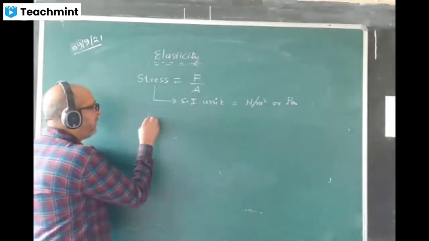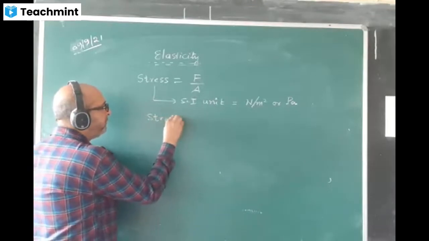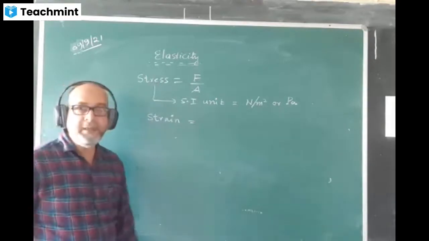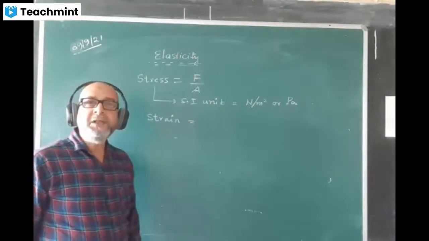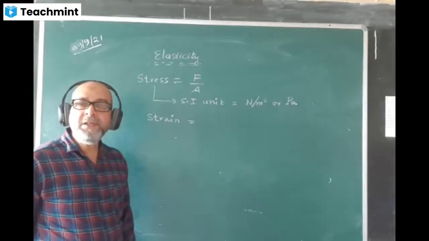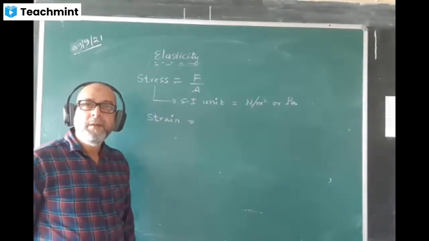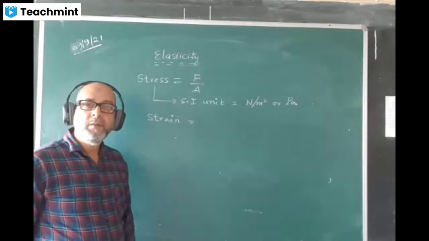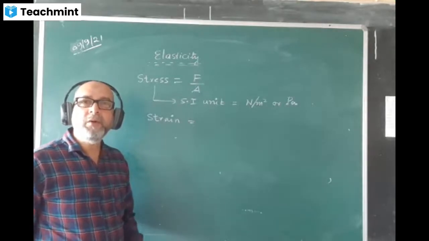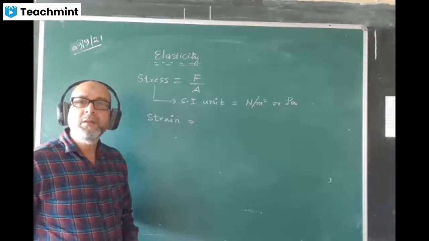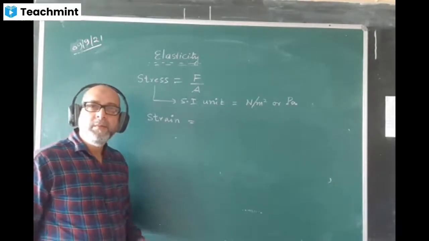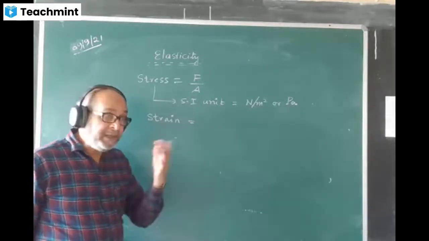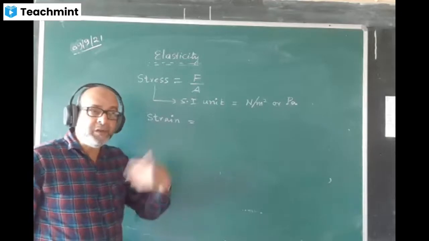Okay. Next one, you write down strain. Next term which we use in this chapter is called strain. What is the meaning of strain? Change in dimension. Strain is the change in dimension with respect to the original dimension.